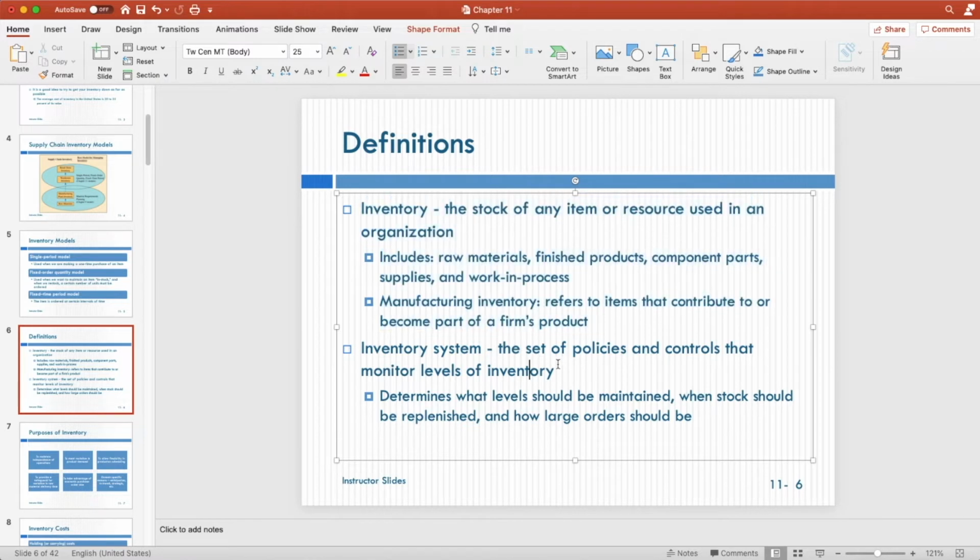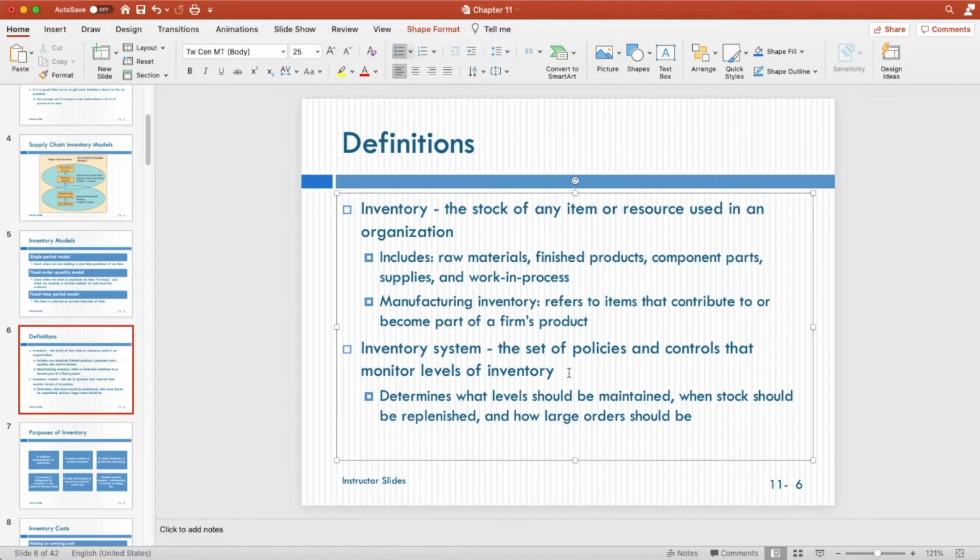So, the inventory system. An inventory system is a set of policies and controls that monitor the levels of inventory. We all know that inventory is quite important within the firm. That's why in most businesses, firms will set up a lot of different policies or controls in order to better monitor the inventory level.